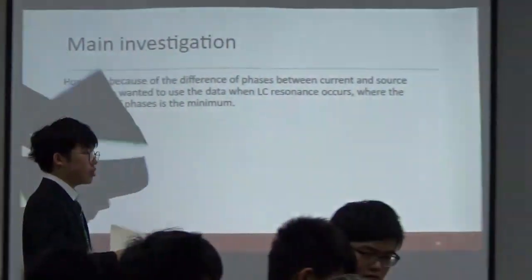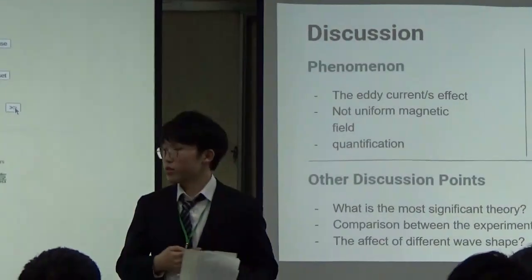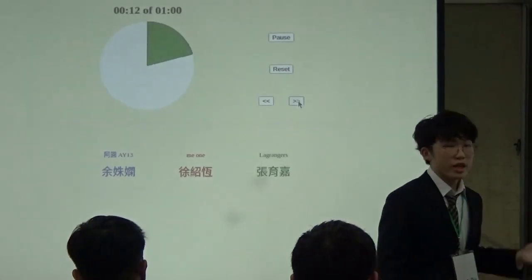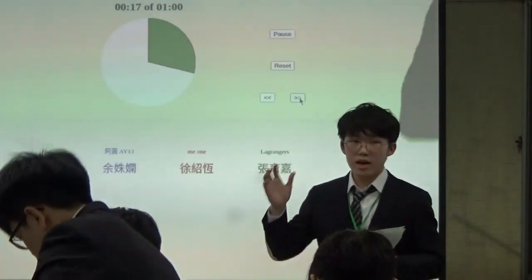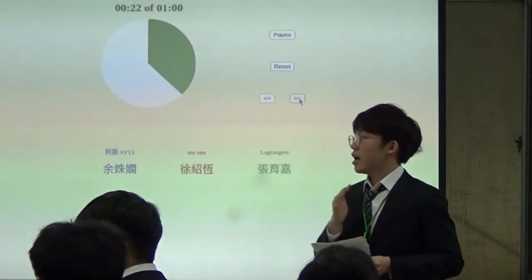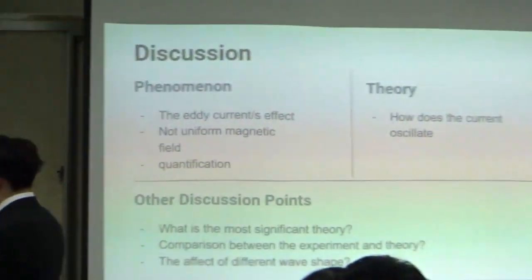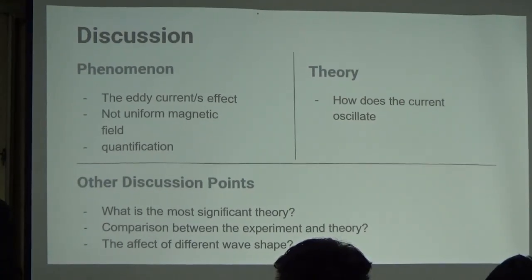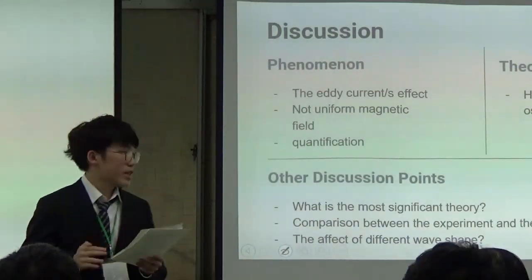Okay, so to conclude the previous discussion, I believe we talked about the eddy current effect on the result of the experiment, and we also talked about, I believe the most important thing right here, the quantification of the result. Because in a lot of parts of her presentation, we don't see how the theory correlates to the overall result, and the quantification problem, I believe, is pretty important. We also mentioned some of the difficulties they encountered when conducting the experiment, including the failure to get the pH graph, and also the non-uniform magnetic field.